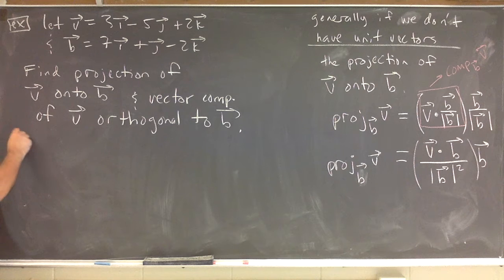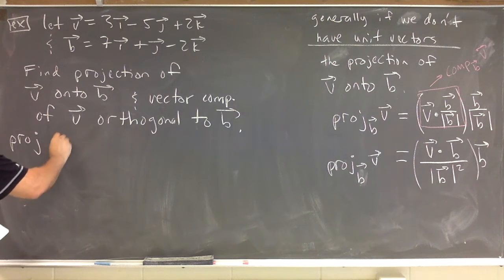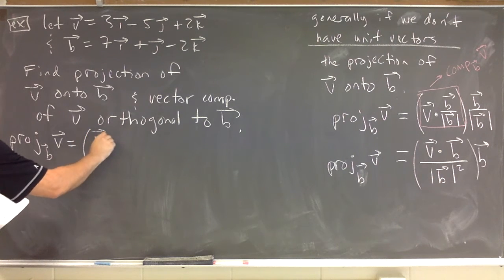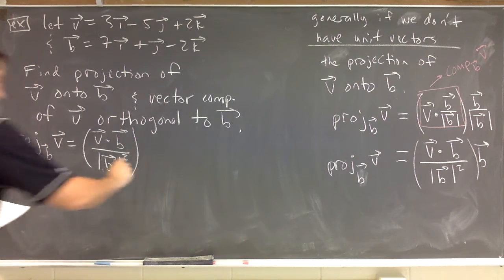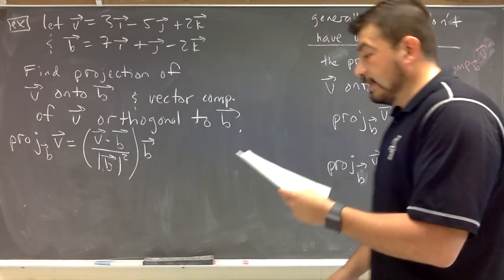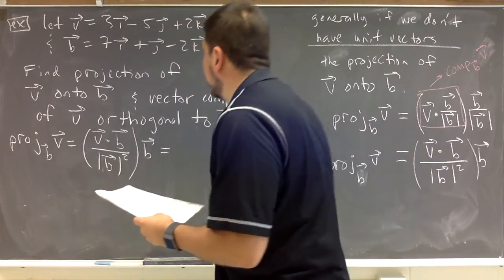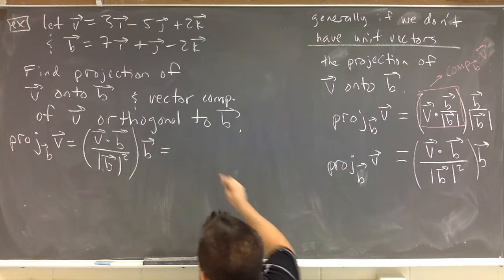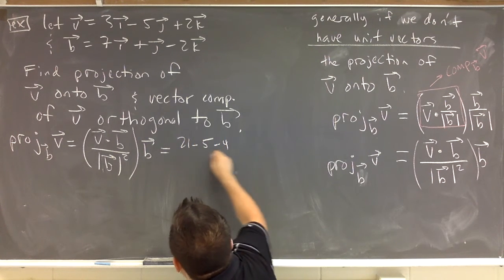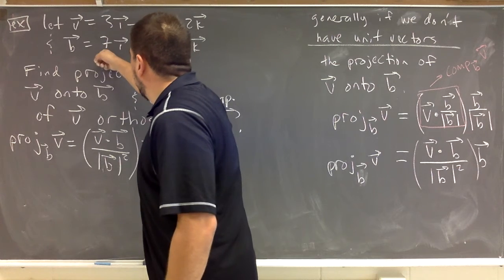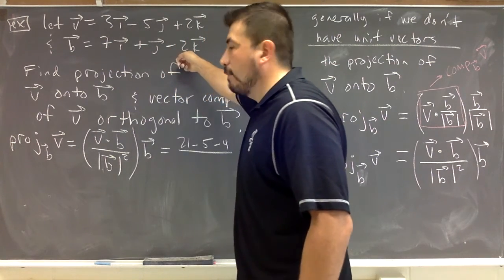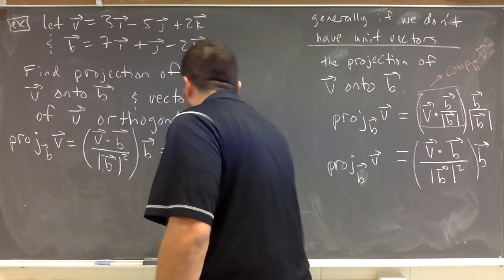Okay, so first, to find the projection, we're going to use the formula for the projection of V onto B, which is just the dot product of V with B over the magnitude of B squared times B. Okay, and so if you calculate that dot product, V dotted with B, that's going to be 21 minus 5 minus 4 all over the magnitude of B. Well, that's going to be 49, 50, square that, you get 4, so 54 squared.